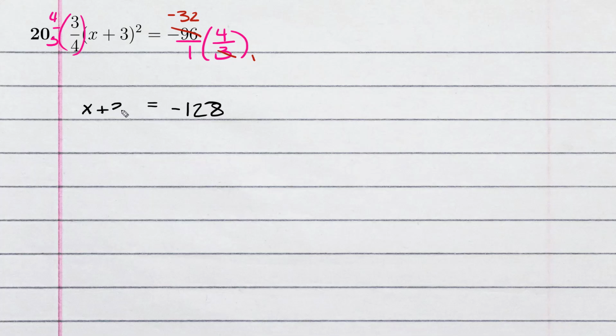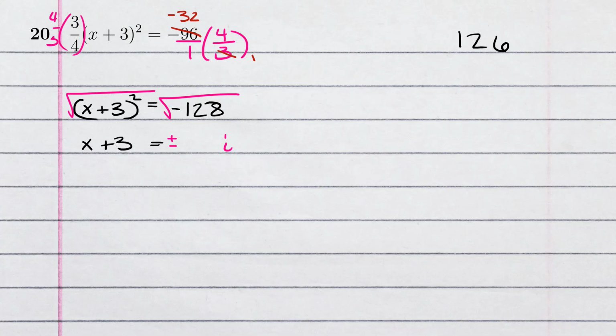We still have (x + 3)² on the left-hand side. So now I have my square isolated, so I square root both sides. And x + 3 is equal to, well, I have a negative I took a square root of, so that automatically means I have an i. And since I took the square root of both sides, that means I have a plus or minus. So I'll look at 128.